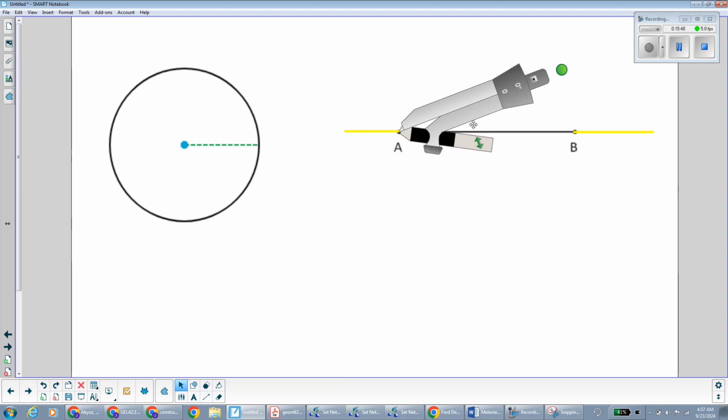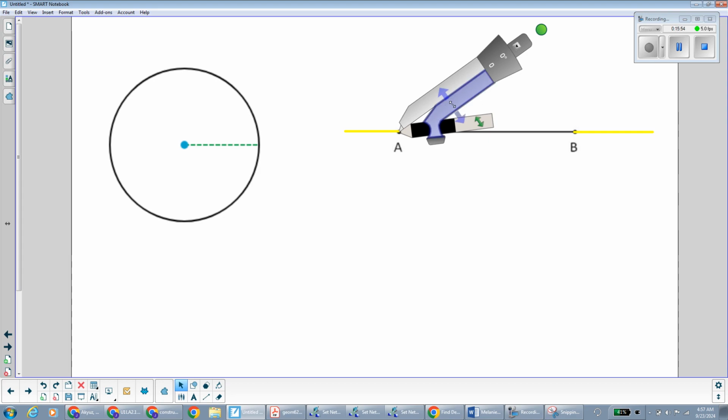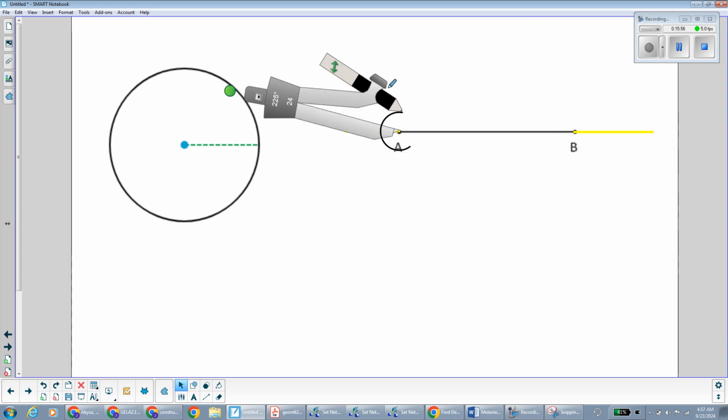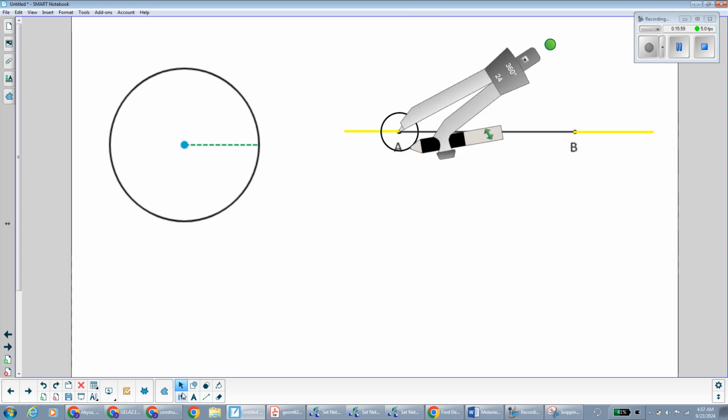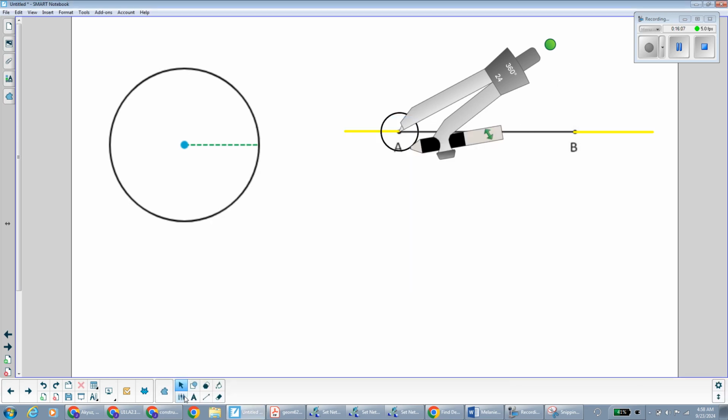So I'm going to make a perpendicular line through point A. Compass on A. Distance doesn't matter, it just has to intersect the line at 2 spots, here and here.